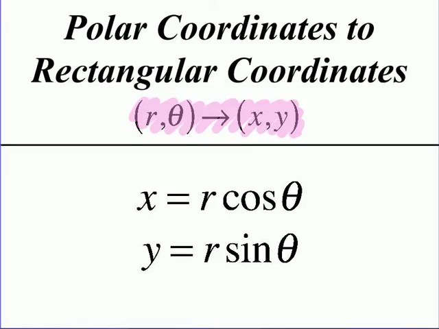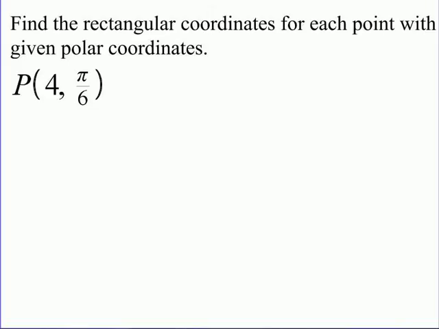So you probably need to have your calculator handy. You also probably need to have your blue sheet handy as well. So real quick, it says give the rectangular coordinates for each point with the given polar coordinates.